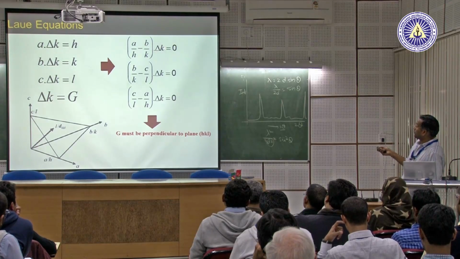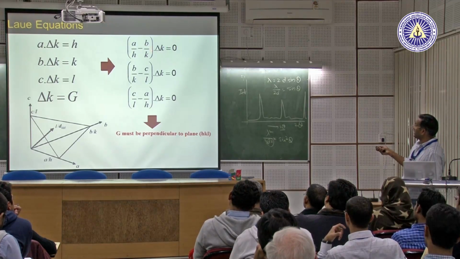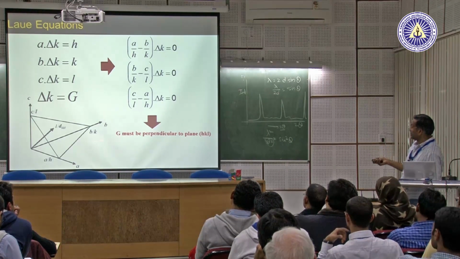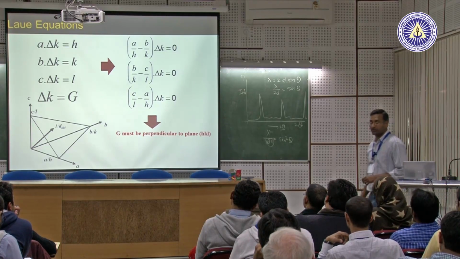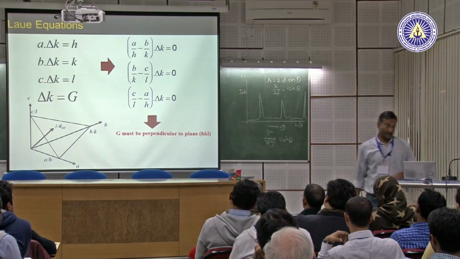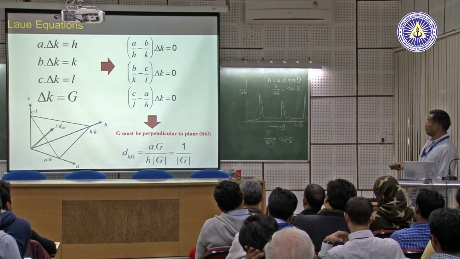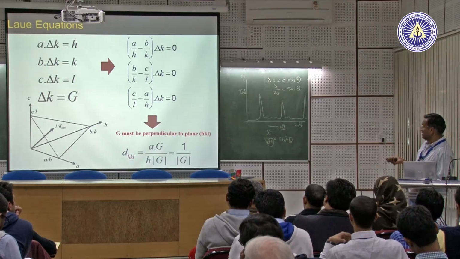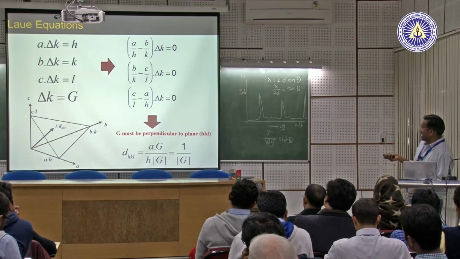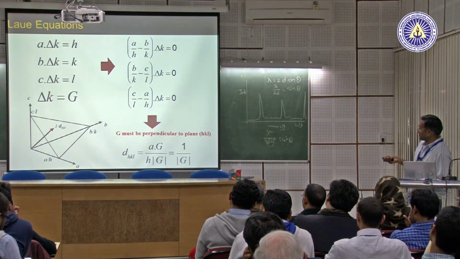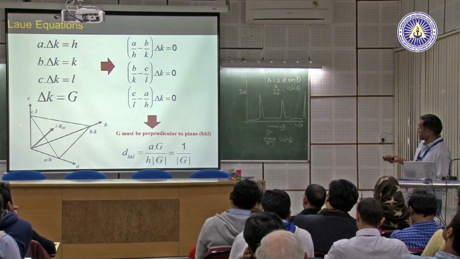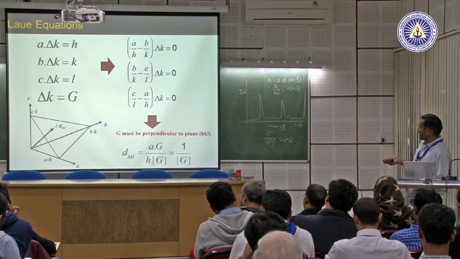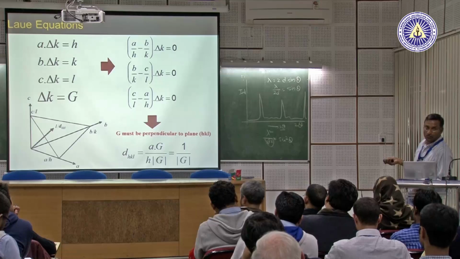So the dot product of G or delta k with these is possible only when this G vector is perpendicular to the plane h, k, l. If that is true, then you can write that d hkl is equal to A dot G, this is the G vector, you can take any of them, either A dot G or whichever one. So A dot G divided by h into mod of G.